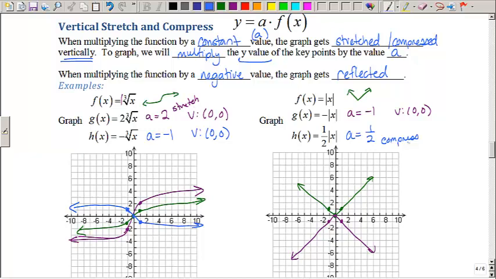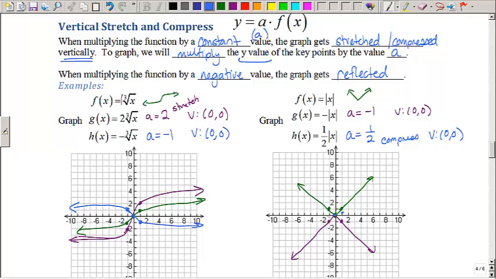Now, it's not that important that you know the difference between a compress and a stretch, because you really do the same operation. I'm still taking my vertex, which is 0, 0, and it stays the same. To get to my key points, instead of going right 1 and up 1, I'm going right 1 and up 1/2.